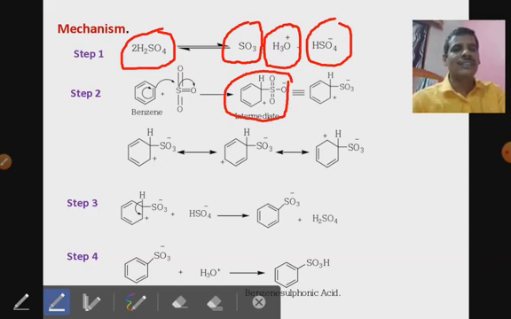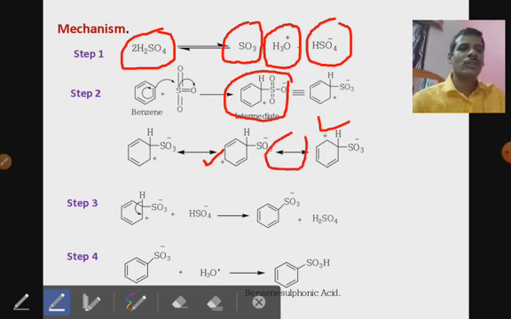In the second case the positive charge is present at the fourth position, and in the next case at the sixth position. In this way the positive charge is delocalized at positions 2, 4 and 6, so there are three resonating structures. These structures are represented by double headed arrows, and such structures we call resonating structures.